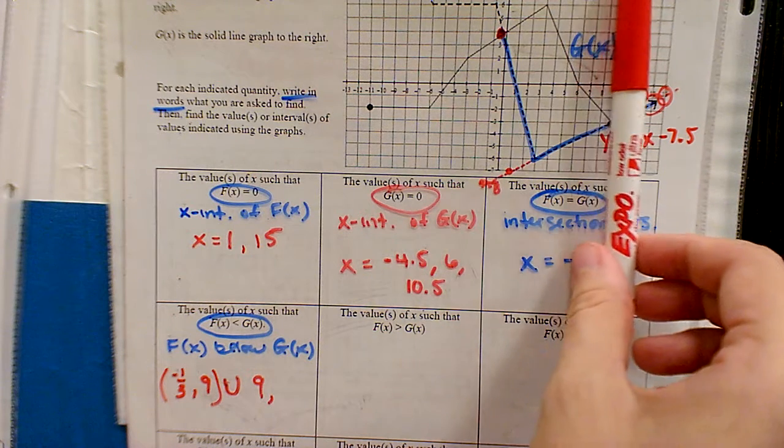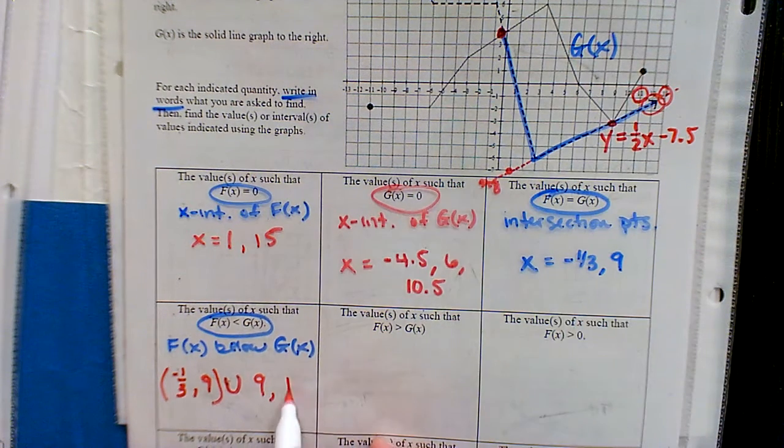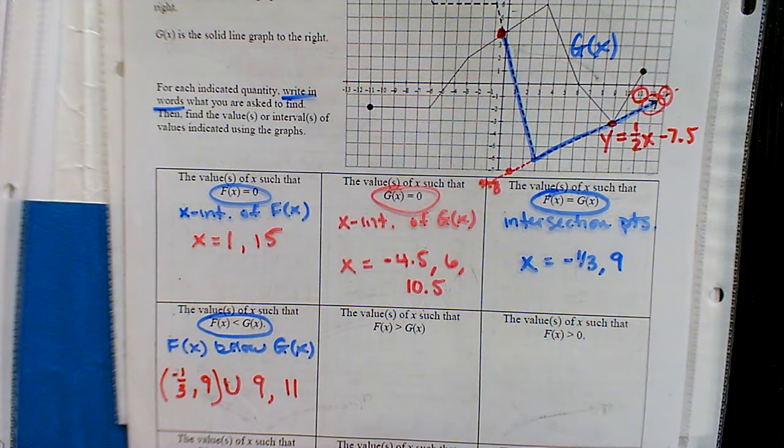So it looks like we can end the comparison at 11. Does that make sense? Okay, remember how we discussed before, you can only compare two graphs where both of those graphs are happening. And if the solid line stops at 11, that's where you have to stop your comparison, because then you only have one graph after that instead of two.